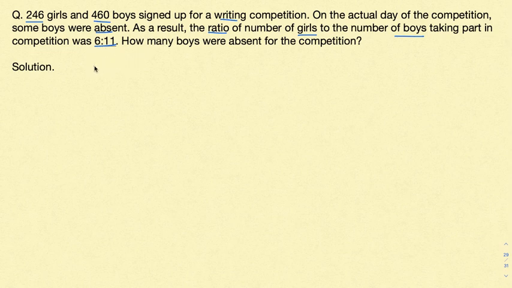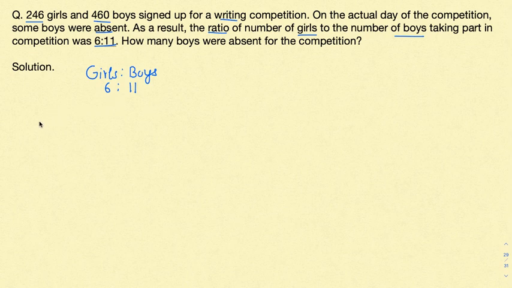So we can write it as, the girls to boys ratio is given, it is 6 is to 11. Now since all the girls are present, the total number of units of girls, let's say 6 units, should be equal to 246.